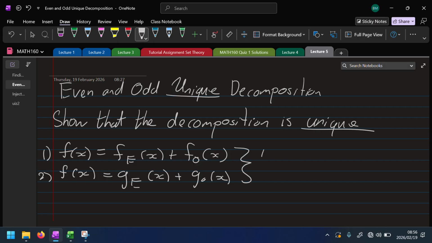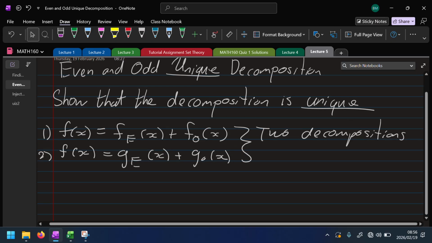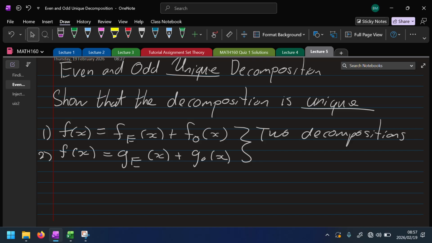So here we have 2 decompositions. And the goal is to show that this is unique. In other words, we want to show that these 2 are the same. So what can we do? Well, equation 1 is equal to f of x. Equation 2 is also equal to f of x.